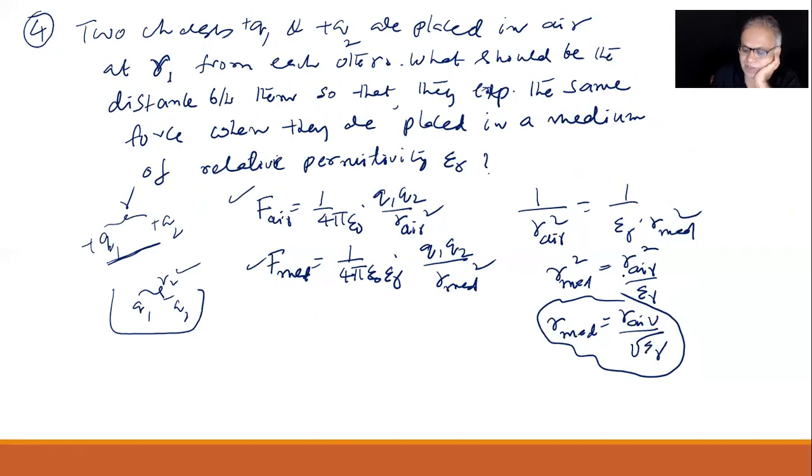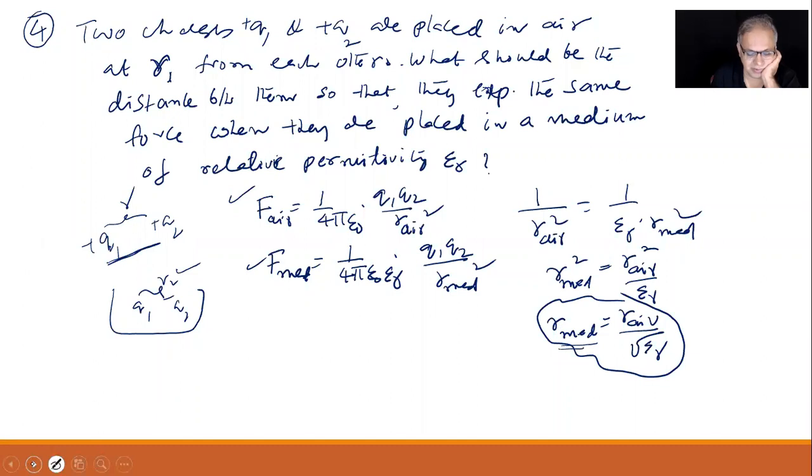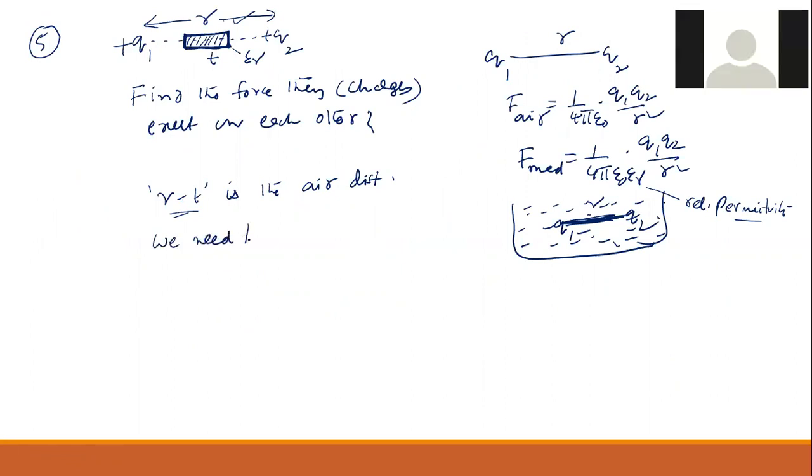When the force has to be the same between two charges, the distances are related like this: R medium equals R air by root of epsilon R. If I can use that, you cannot say R minus T plus T like that. What's the meaning of it? R minus T is the air distance, T is the medium distance, right? So we need to find, I'll tell you, the equivalent air distance.